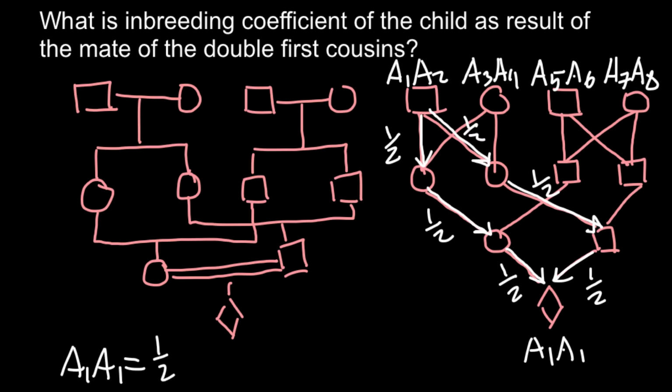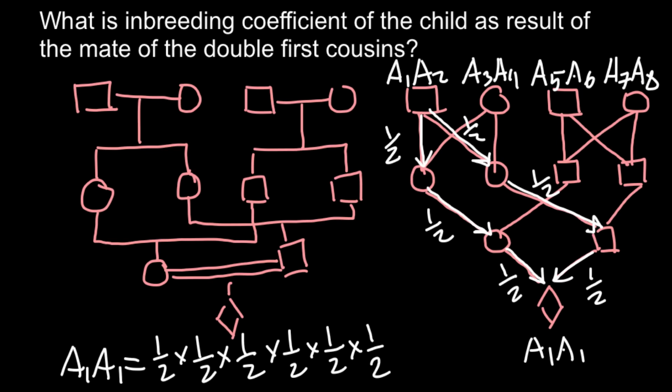1/2 multiplied by 1/2 multiplied by 1/2. This is the probability that he would get the A1 allele from the mother side. So this is mother, this is father. This is mother side, this is father side. And he also would have the same probability to get the second allele from his father side.